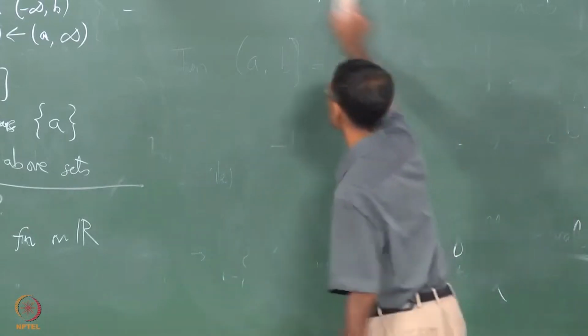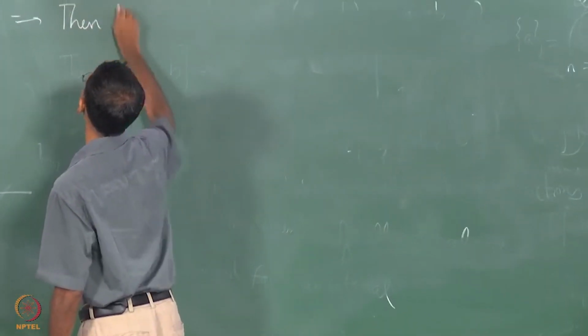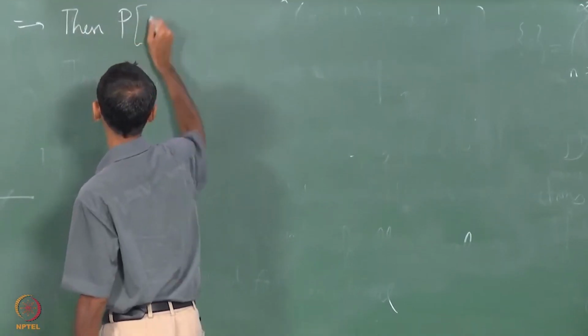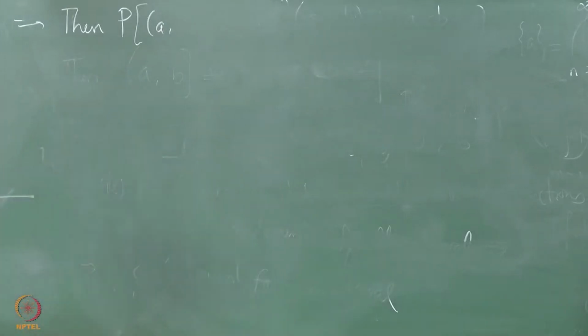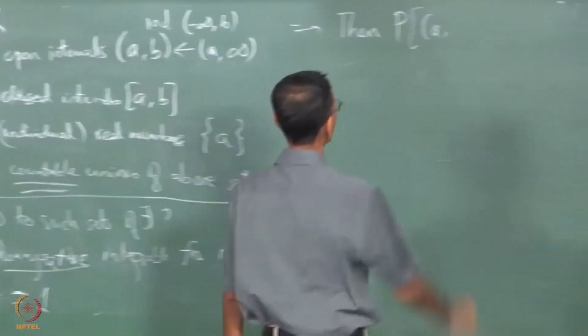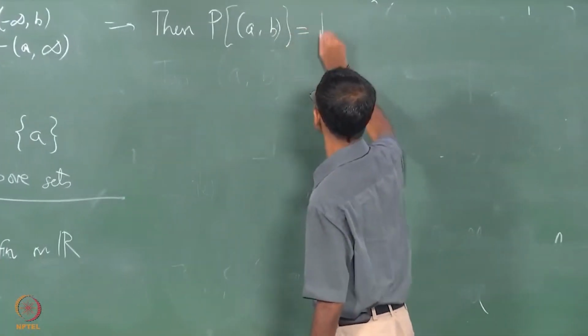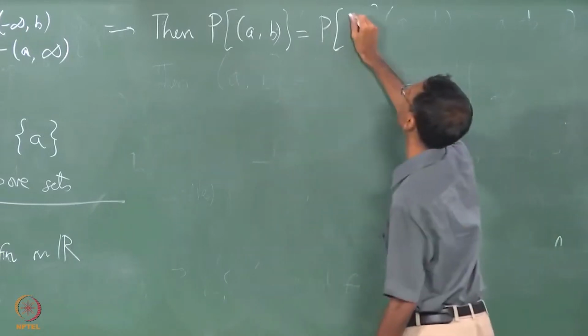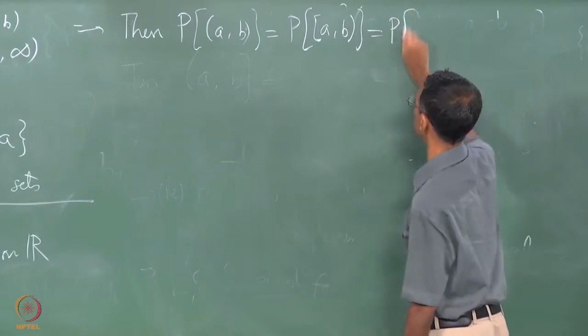Okay. So what is P of AB? Let us look at a distinction here. Do we take the open interval or do we take the closed interval? It turns out it does not matter. All of these combinations will have the same probability.